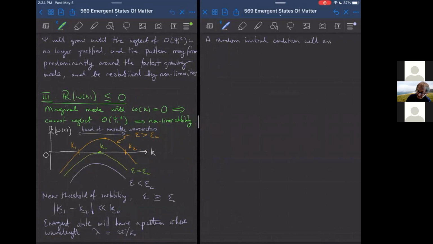will amplify the modes of wave number k, and the mode where omega of k0 is a maximum will be the selected one, because it will grow faster.